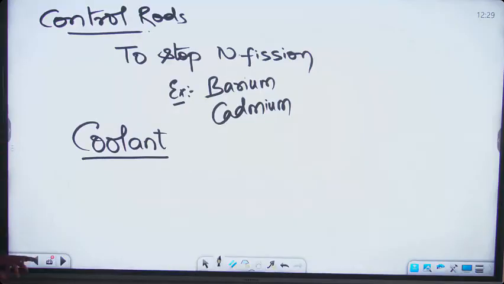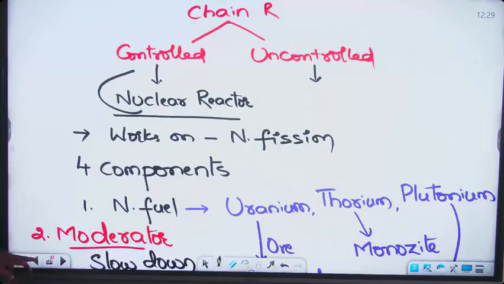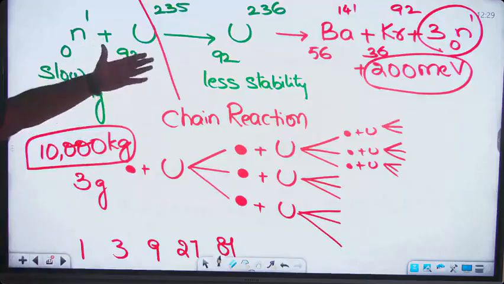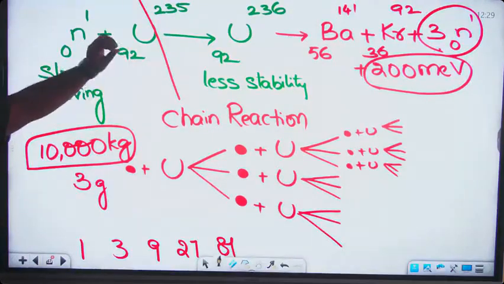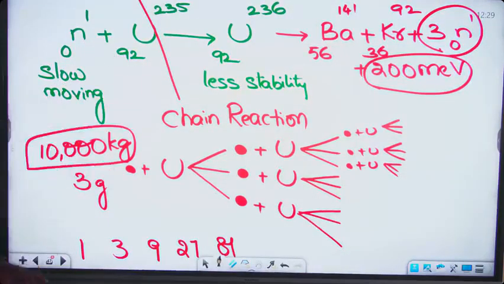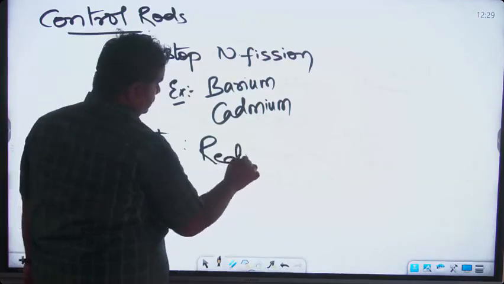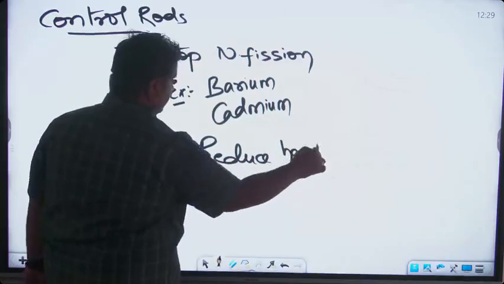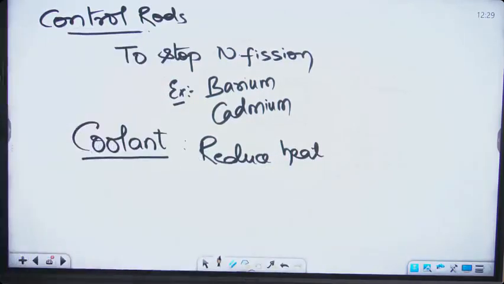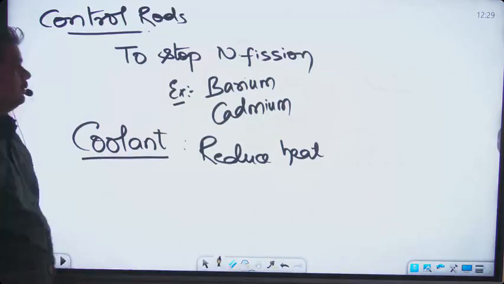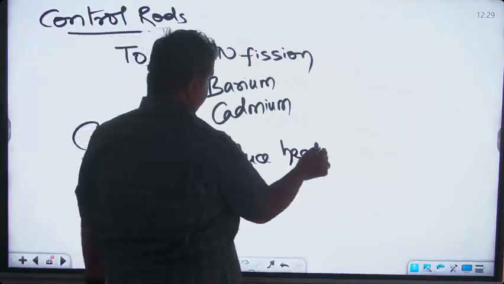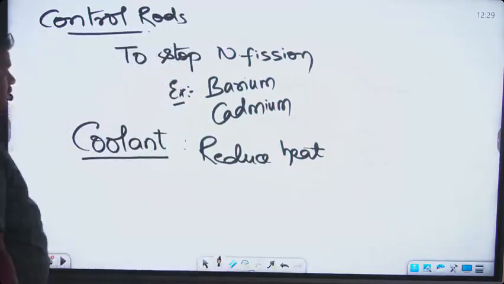In a nuclear reactor, when so much energy, 200 million electron volts, is released, the heat is very, very high. So to reduce the heat generated in a nuclear reactor, coolants are used.